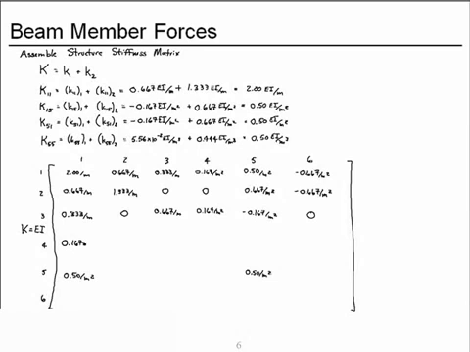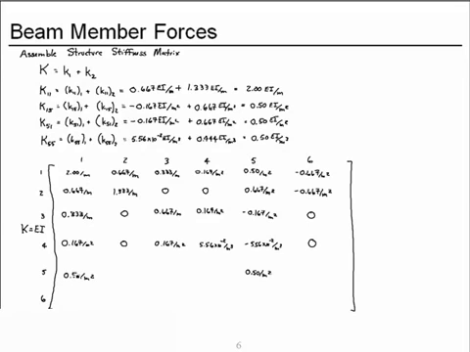So we have 0.167 per meter squared, 0.167 per meter squared, 5.56 × 10^-2 per meter cubed, a minus 5.56 × 10^-2 per meter cubed, and 0.